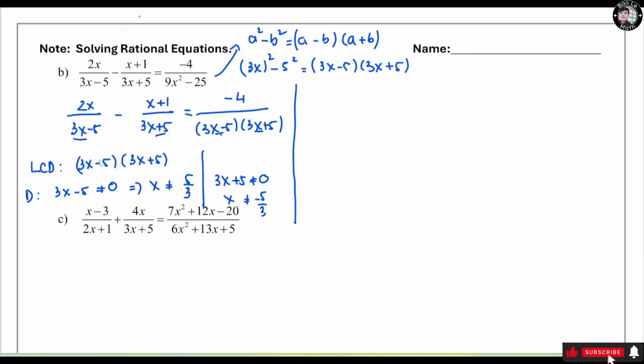We multiply both sides by the LCD right here. Look at the first one: you have 3s minus 5, if you multiply by this, this and this cancel out, and we only have this one left.